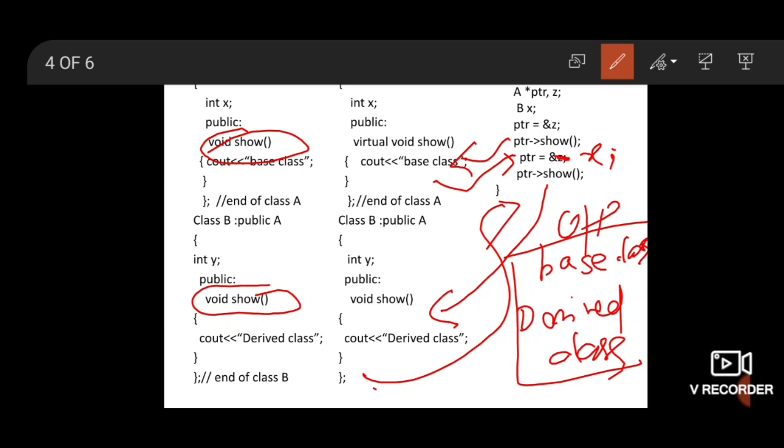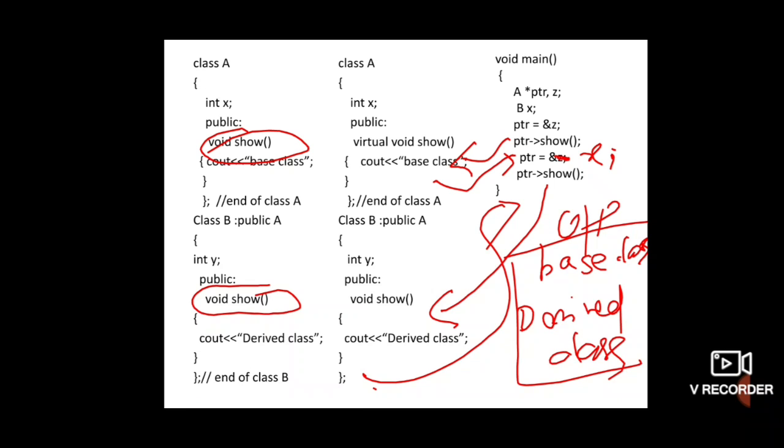Understood, student? What is the difference between a normal member function and a virtual member function? Again, see, virtual is always declared in the base class, preceded by the virtual keyword. Then create a pointer of the base class as well as an object, and create an object of the derived class.